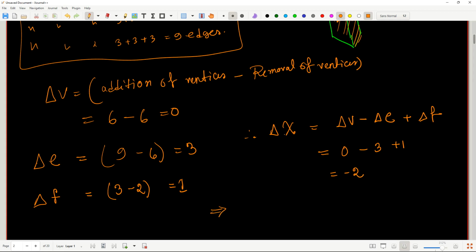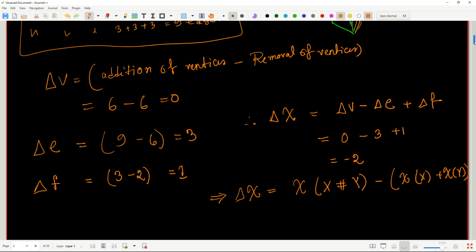But what was del chi? I think I called it x before. Sorry about that. It's chi, not x. Del chi was chi of x connected sum with y minus chi of x plus chi of y.